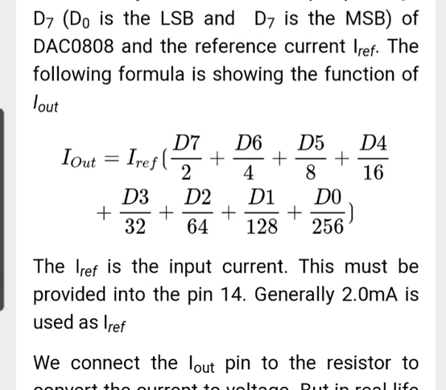Now what is I reference? I reference is the input current, and it must be provided into pin number 14. Generally 2 milliampere is used as the I reference.